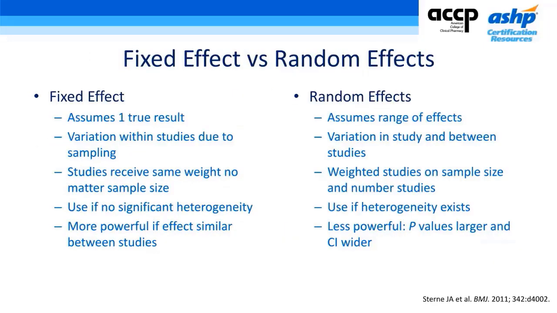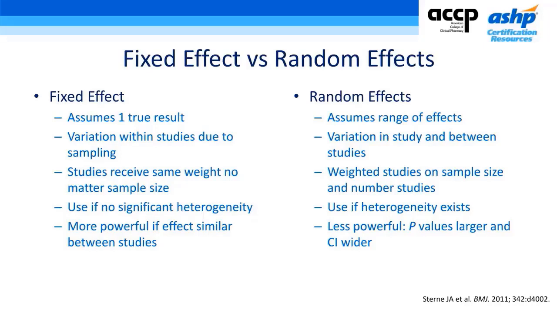This slide shows the different type of analysis models for meta-analyses. So we have fixed effect versus random effect. Fixed effect assumes one true result, that you have variation within the studies due to sampling.